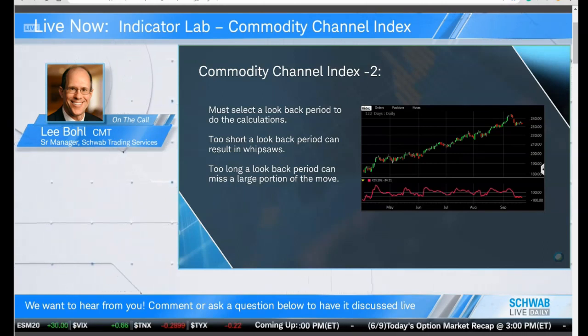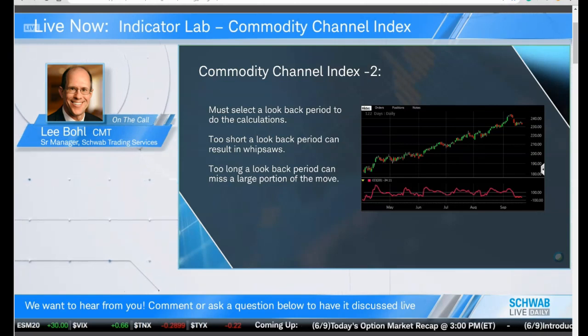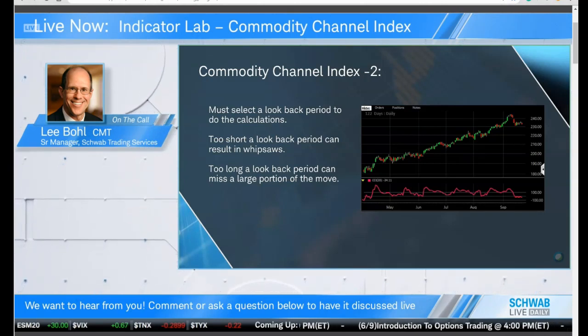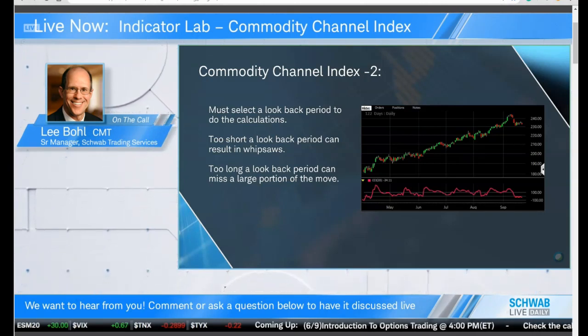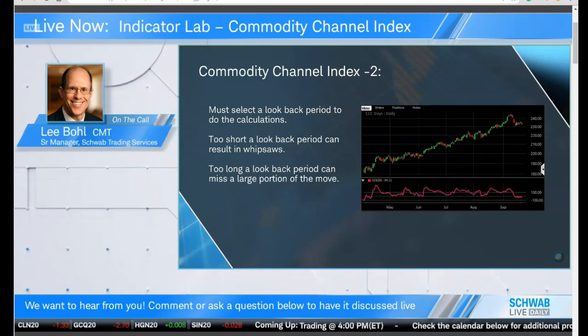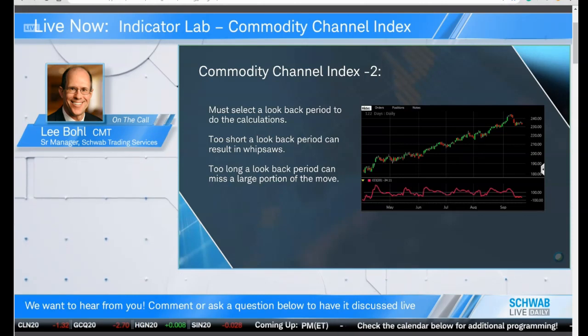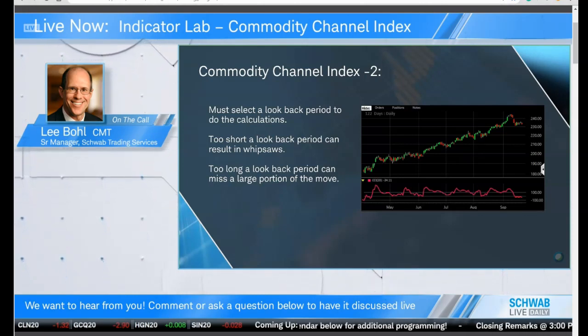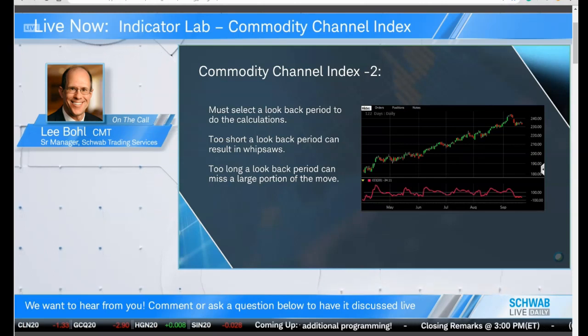Now, talking about look back periods, this is not necessarily unique to the Commodity Channel Index. If you use indicators with too short a look back period, you get into the moves quicker and out quicker. You also get what is called whipsawed. In other words, the indicator will flash a signal and then very soon after could flash the signal going the other way if it is too sensitive.